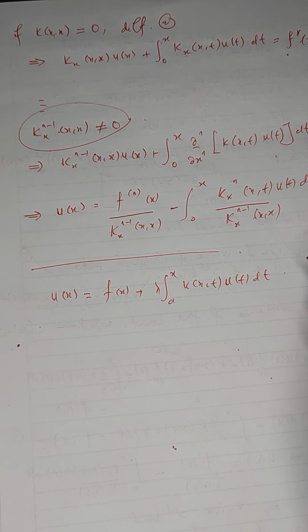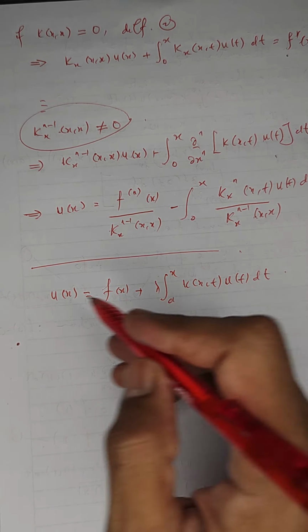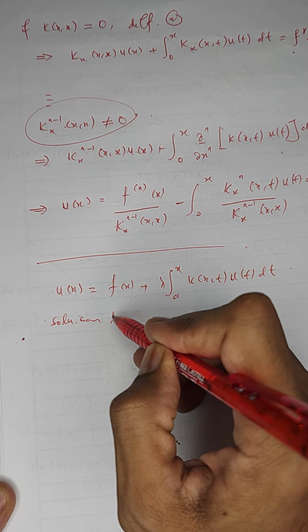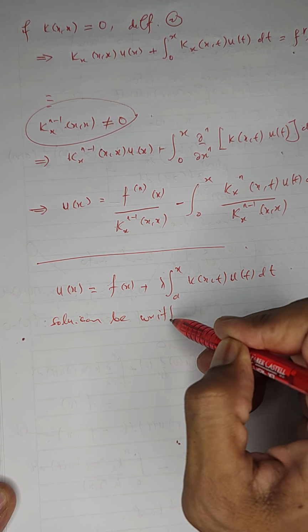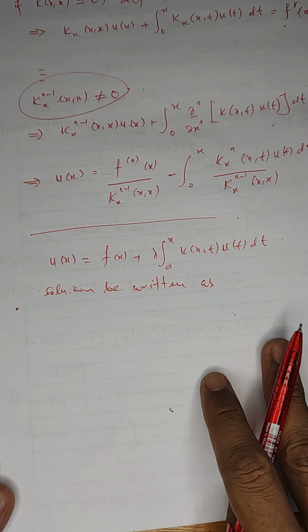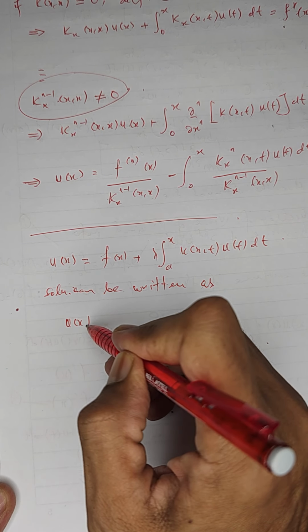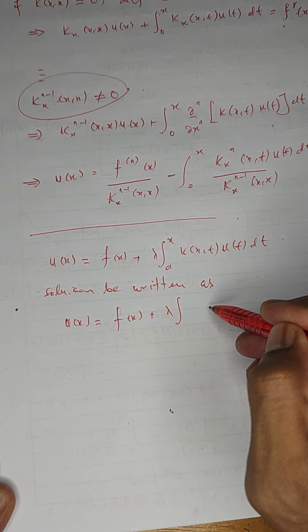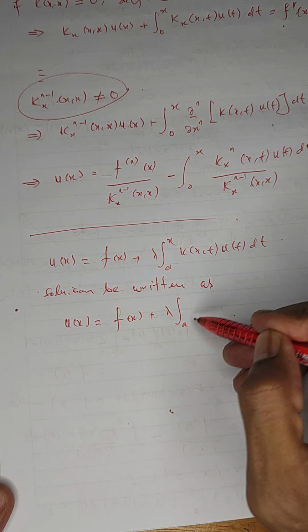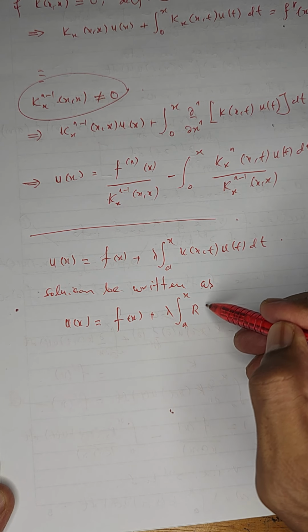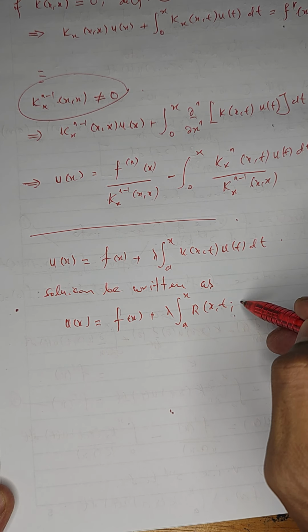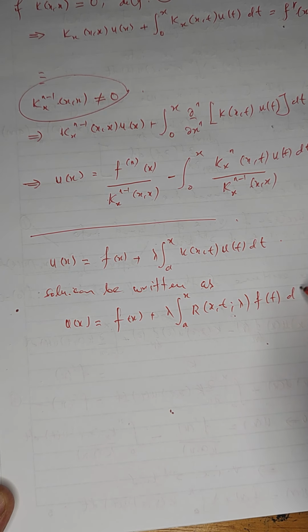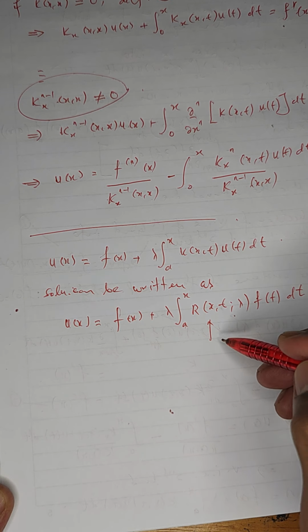The solution can be written as u(x) equal to f(x) plus lambda integral from a to x of R(x,t;lambda) f(t) dt, where R here is the resolvent kernel.